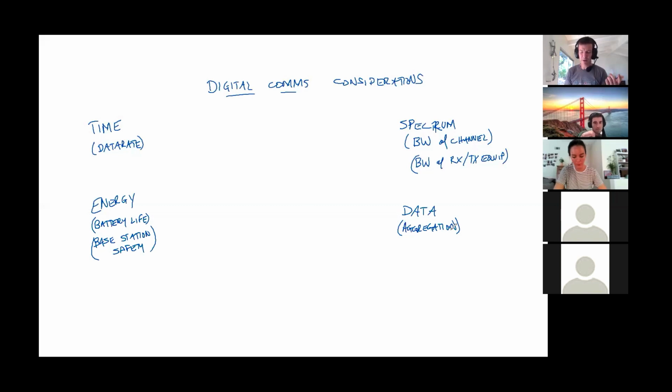Or are we sampling the temperature at some remote fire lookout? And whether those packets get delayed by a couple of seconds isn't going to affect anyone's lives. So is the variance of the data rate important or not?